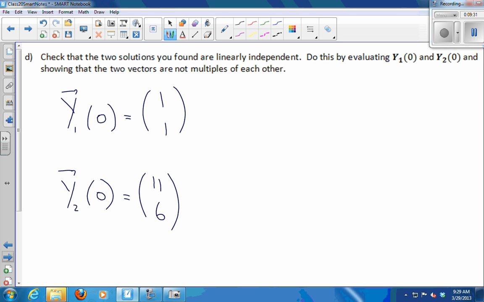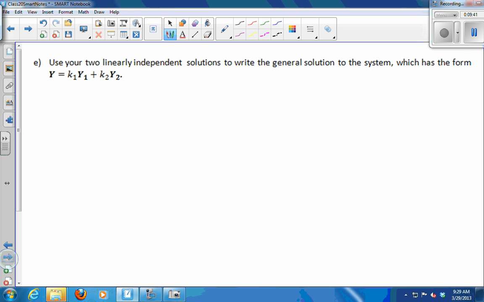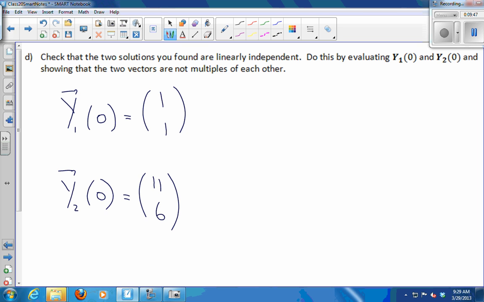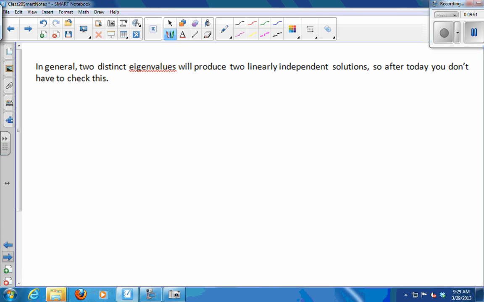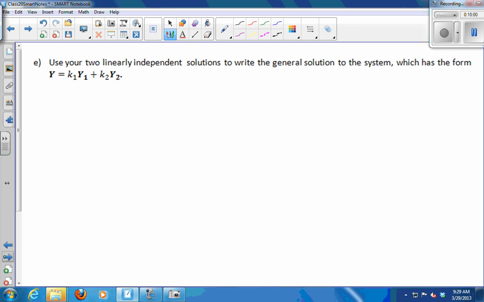I'm just trying to drive the point home that you can only combine them in a linear combination if the vectors are linearly independent. But in general, when you have two distinct eigenvalues, they'll always be linearly independent because they're on different straight line solutions.